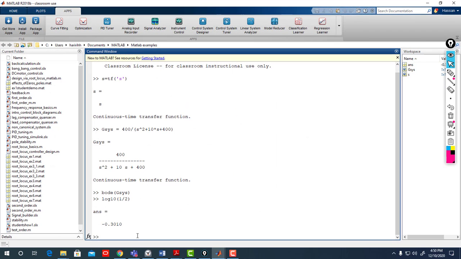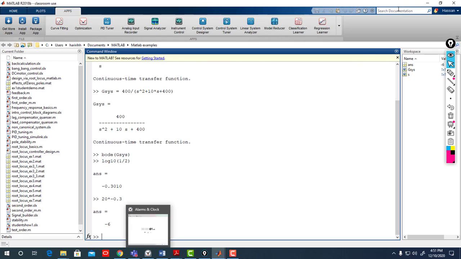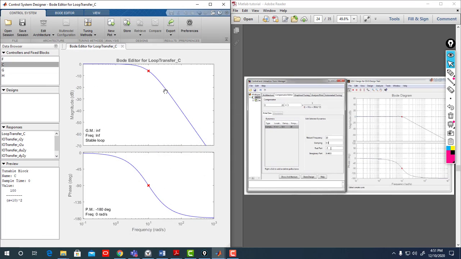Multiplying by 20, that's decibels: 20 log 10 of 1 over 2, so 20 times minus 0.3, is minus 6. Look at it here, it is somehow minus 6.